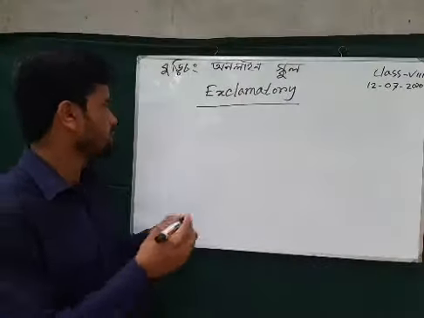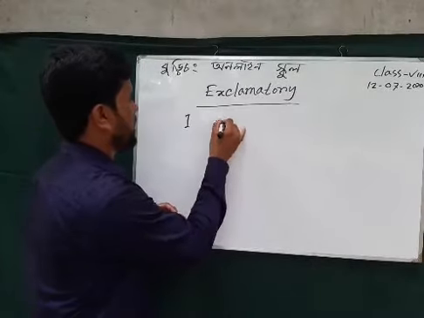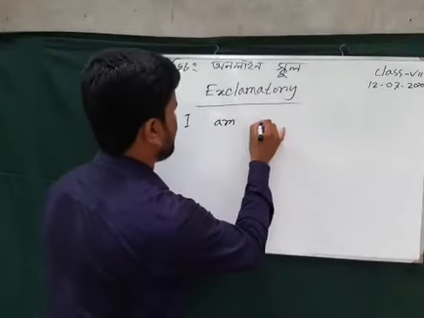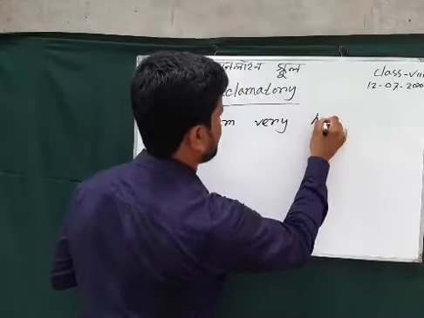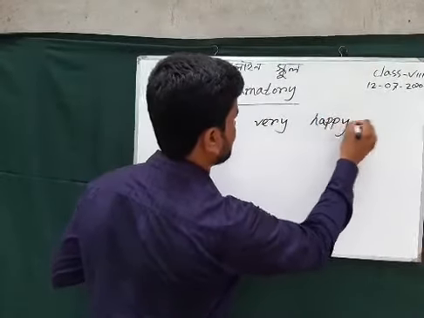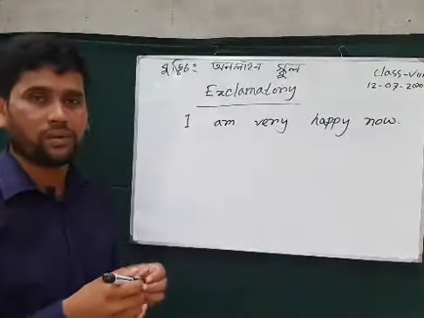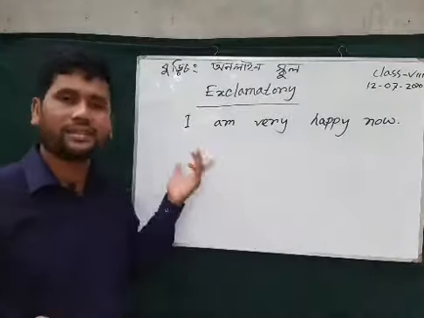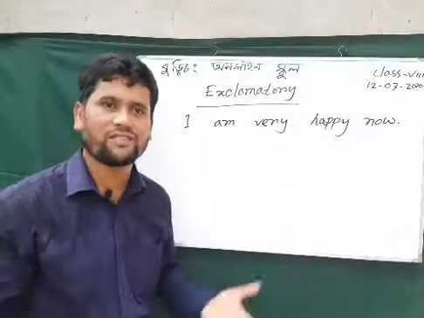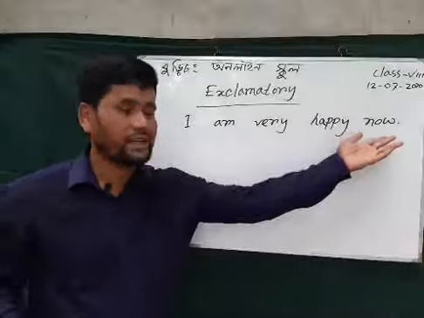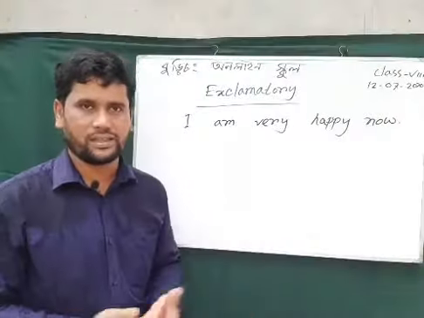Now you see, I'm very happy. Here I is the subject, am is the verb, so the sentence starts with subject and verb, and at the end we find a full stop, so it's an assertive sentence.